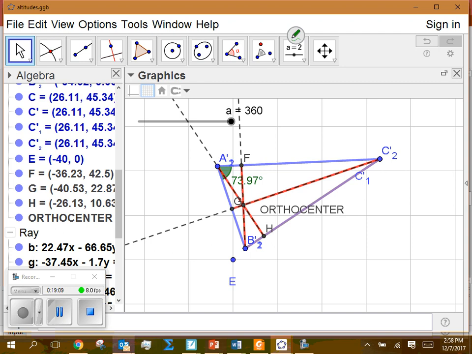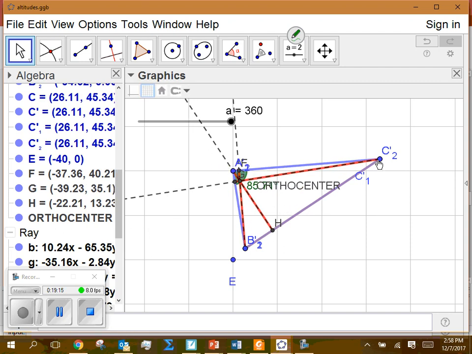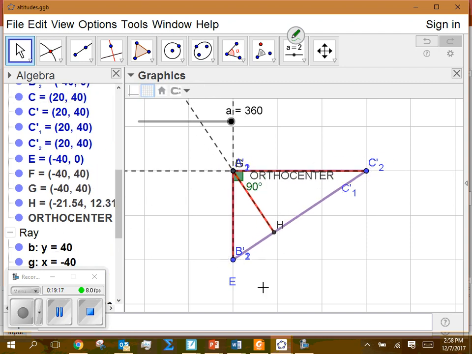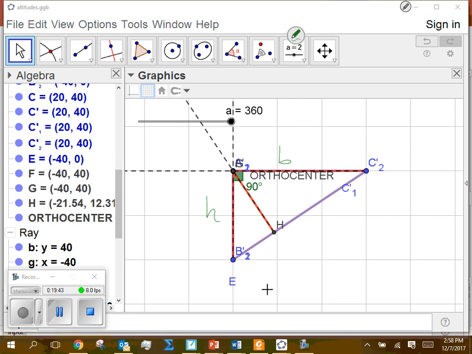Something that's really nice is knowing that the orthocenter of a right triangle always shows up, no matter what right triangle you create, at the right angle. This is the triangle that you have used the most in 7th and 8th grade, dealing with one half base times height. A lot of times you just look at your triangle and say, I want the left side to be B and the bottom side to be H, or the left side B and the top side H, or you let this be H and that be B. It doesn't really matter because multiplication is commutative.